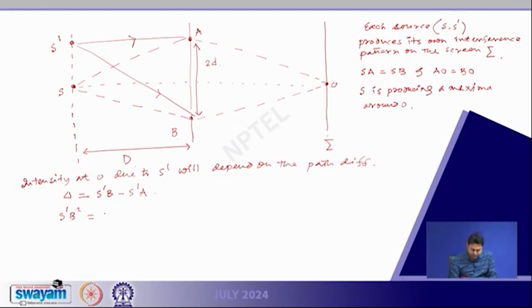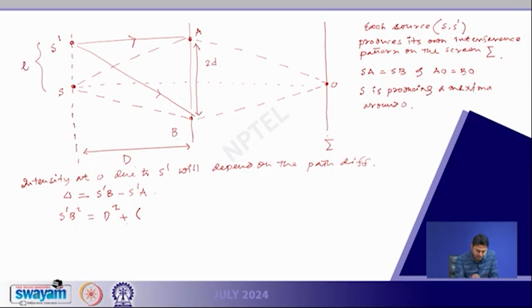You can readily find S prime B whole square is D square plus, let me write this as L, the length of separation between these two.